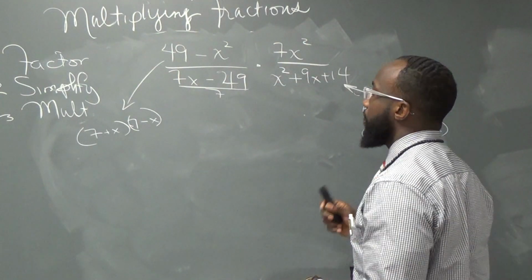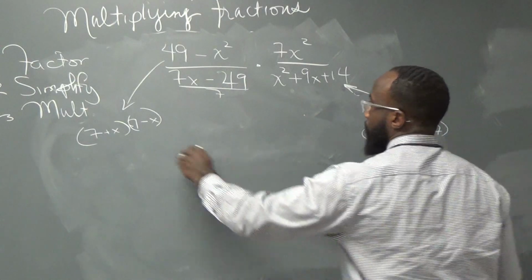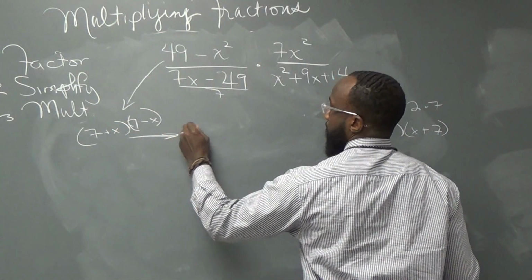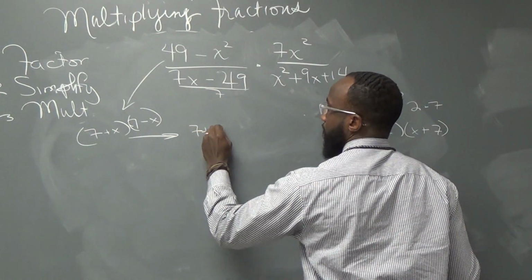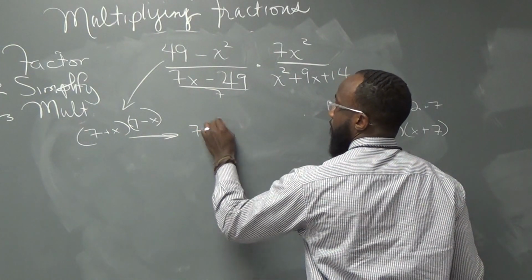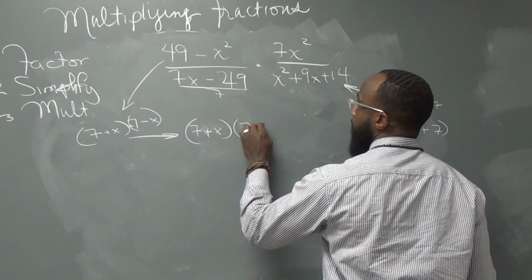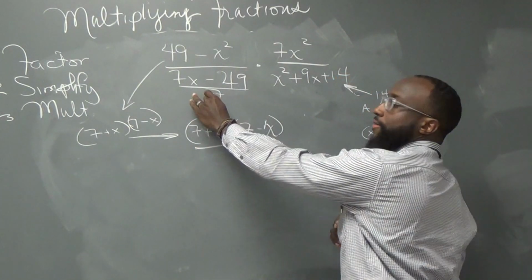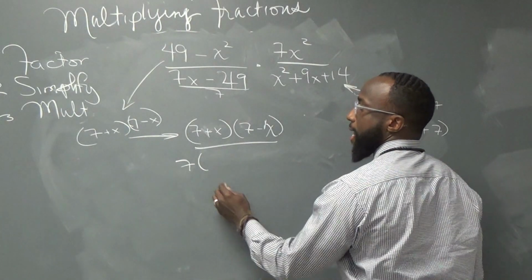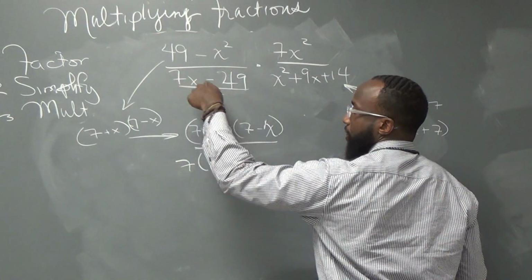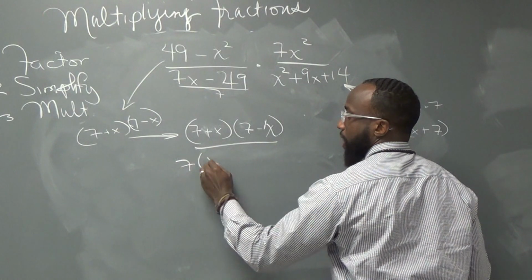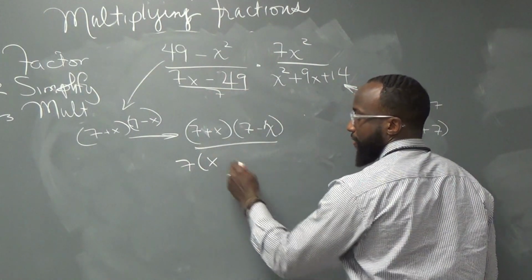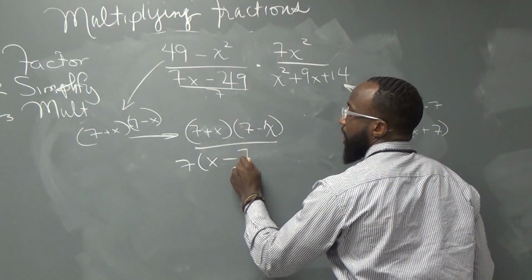All right, here we go. Let's rewrite this now. So we're going to put the difference of two squares here. So we got 7 plus x times 7 minus x all over... We factor the 7 out of this, so we're going to put the 7 on the outside. And 7x divided by 7 is x, and 49 divided by 7 is 7.